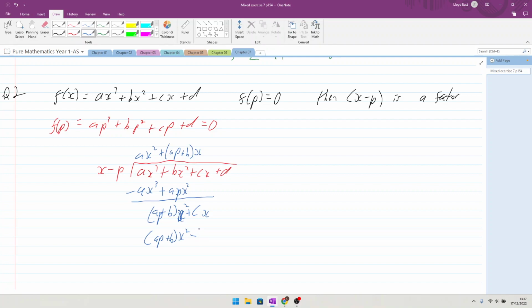what does that give you? p times ap plus b, c, just x. Change the signs.